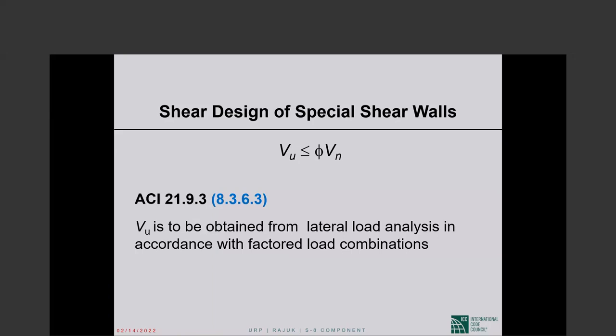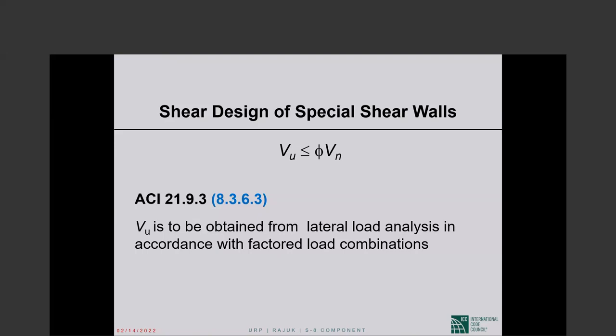So in the case of shear walls, the V sub u comes directly from analysis of the structure containing our shear wall under code prescribed seismic forces. It is not the largest shear that can develop in our shear wall. This is extremely important for you to understand.